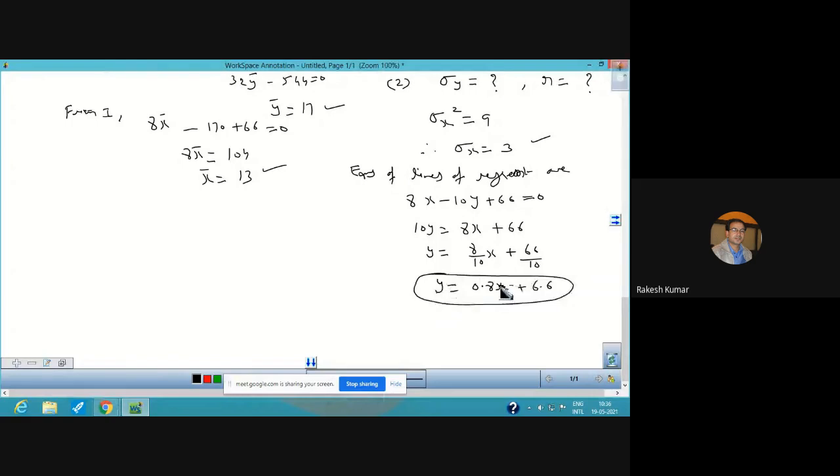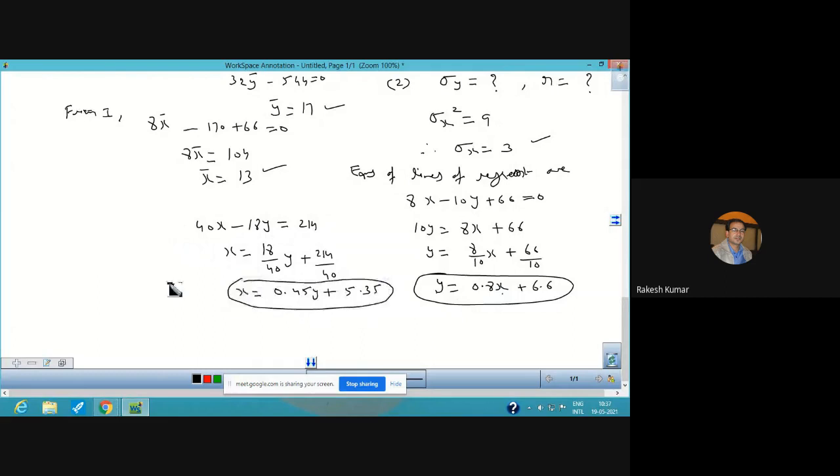Similarly, the second equation is 40x minus 18y is equal to 214. From here, you can get the regression equation of x on y, that is x equals 18 over 40 y plus 214 over 40, and that will be 0.45y plus 5.35. So this is the regression equation x on y, and the earlier one is the regression equation y on x.